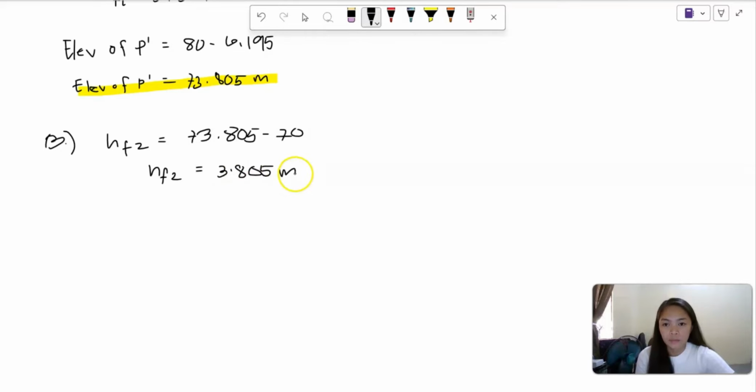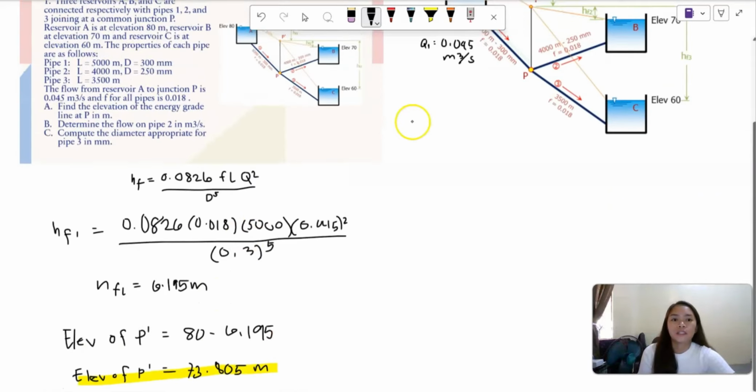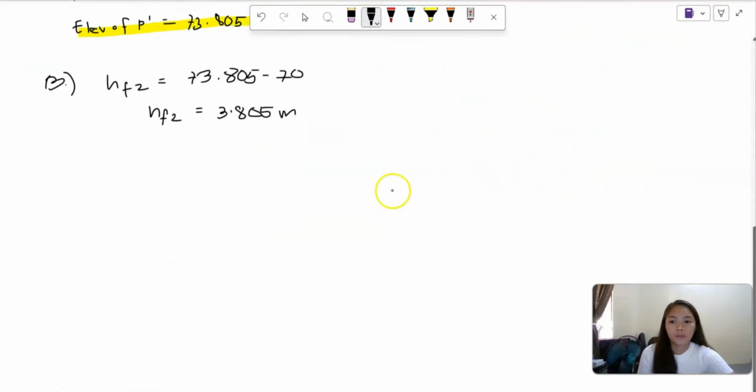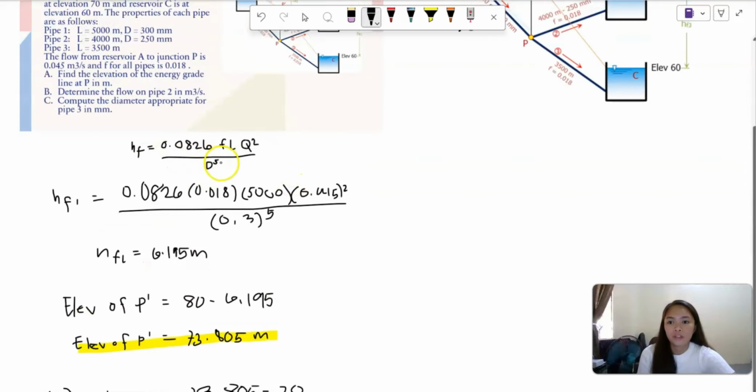So now we can solve for the discharge in pipe 2. We will use this equation.